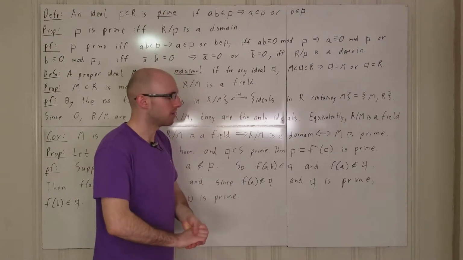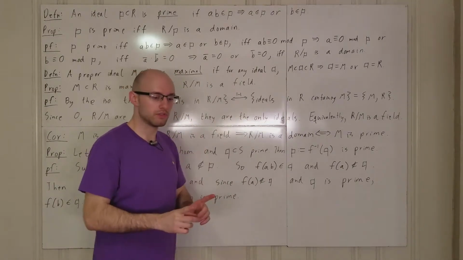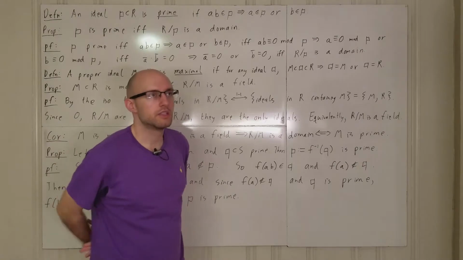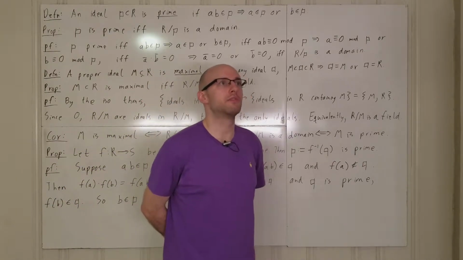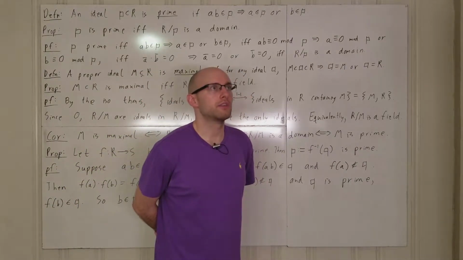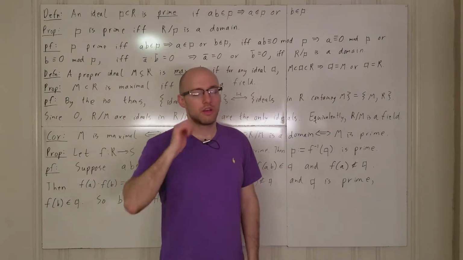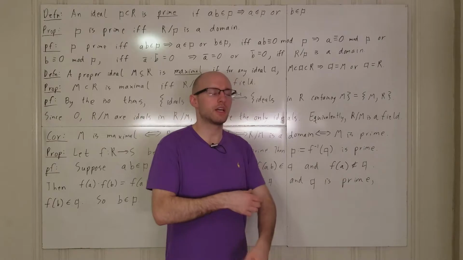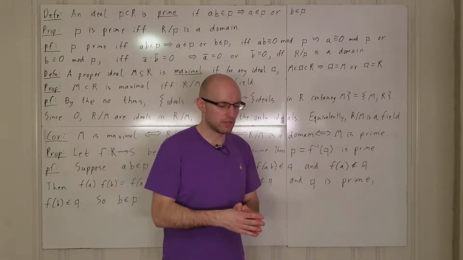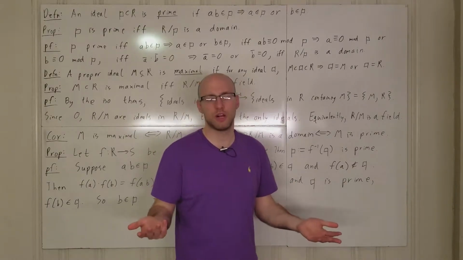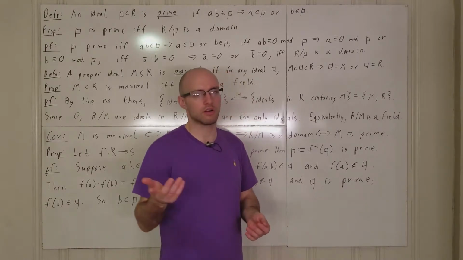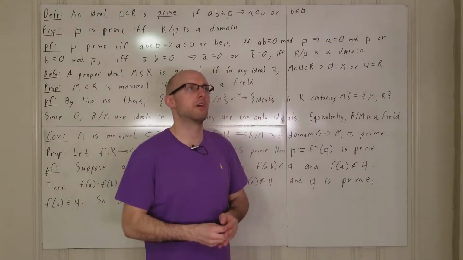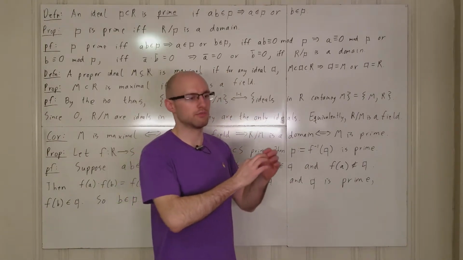So suppose you have a field, and consider an ideal of a field. The ideal could be 0, but suppose it's not 0. If this ideal is not the 0 ideal, then it contains some non-zero element. Let's call it A, because we'll use R to refer to this ring.